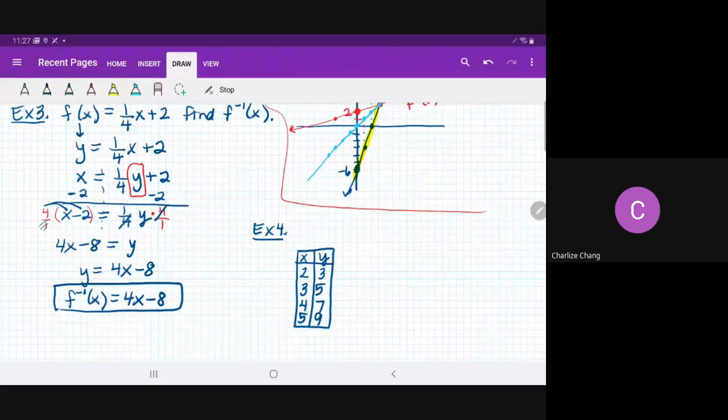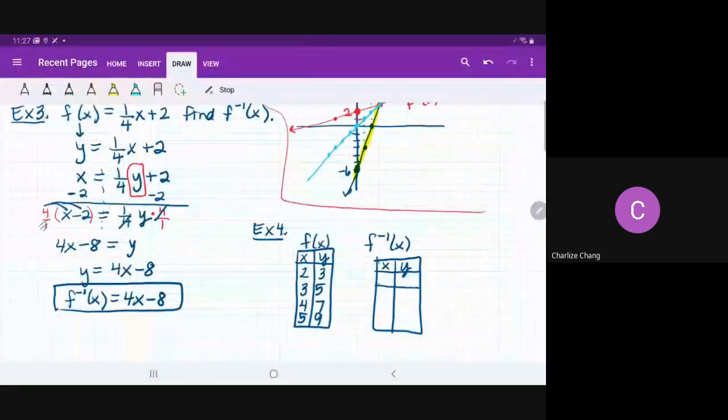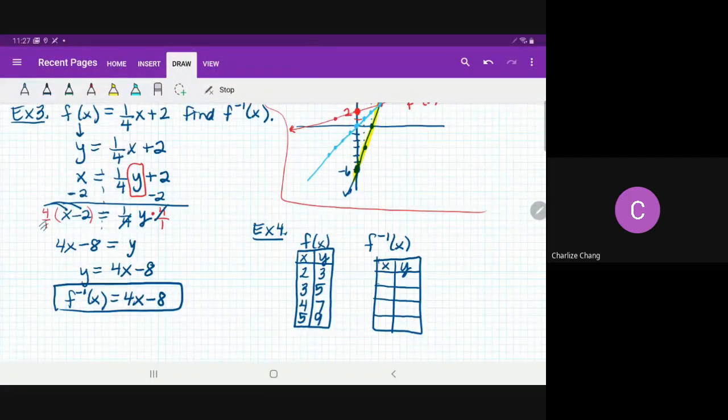Okay, so let me show you example 4. Example 4 is super fast. This one's f of x. So f inverse of x, you just make another table. And what did we say the main topic was for inverses? This is only going to take us like 30 seconds to do it once we figure out this one thing.